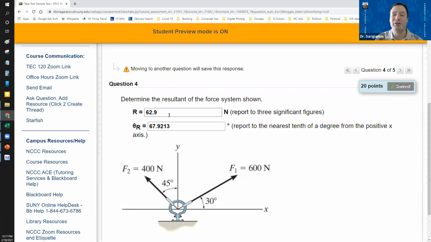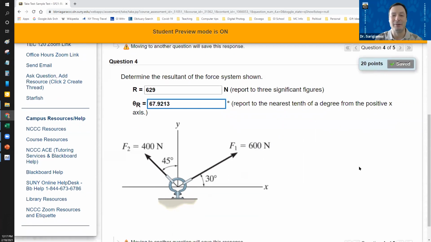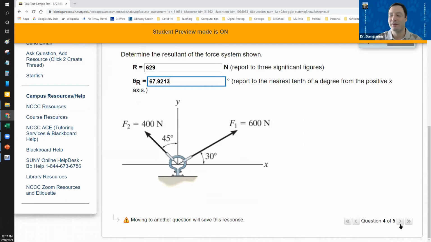If your work shows 629, or maybe 620, 290, maybe you just accidentally put the extra 0 in, or you put some number in that doesn't belong. So I want to be able to see your work so I can give you partial credit for these solutions. So let's stick with the 629 here.